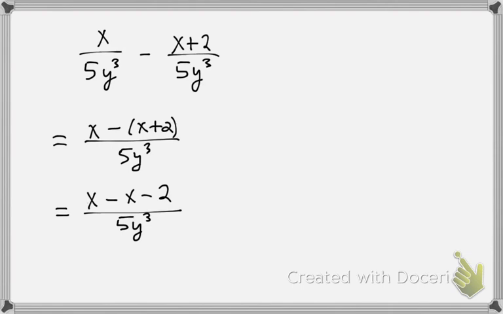Are you guys okay with that? The minus still has to apply to the whole numerator since it applied to the whole second fraction. And what happens? x minus x is 0, so you just have minus 2 over 5y cubed. Is that okay? I'm starting you off with the nice case.